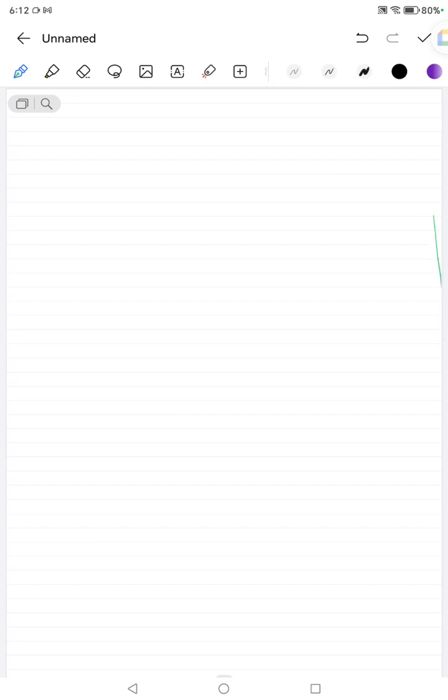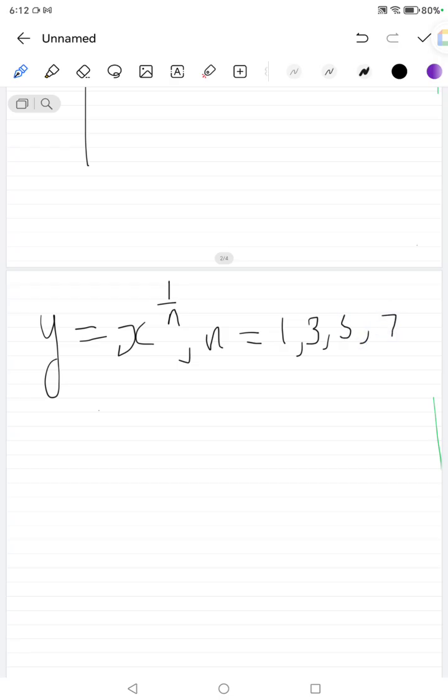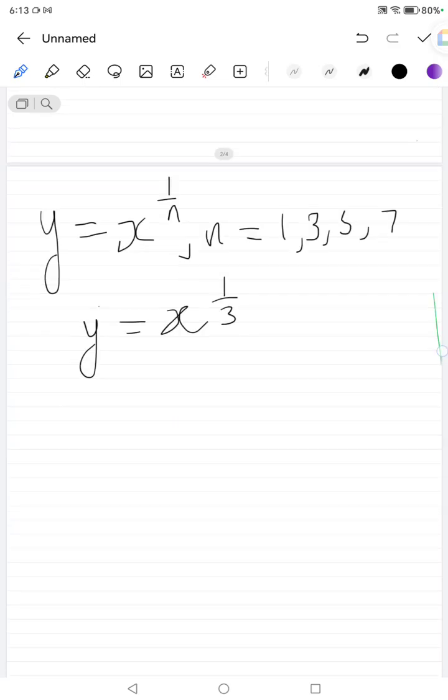For the ones with odd numbers, let's say you have y is equal to x to the exponent 1 over n, but now n is equal to 1, 3, 5, 7. One example is y is equal to x to the exponent 1 over 3.